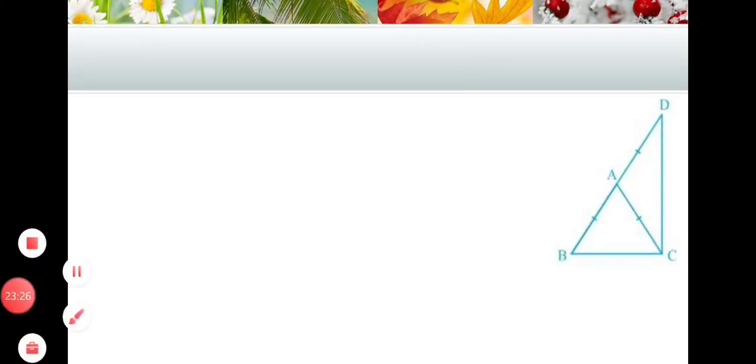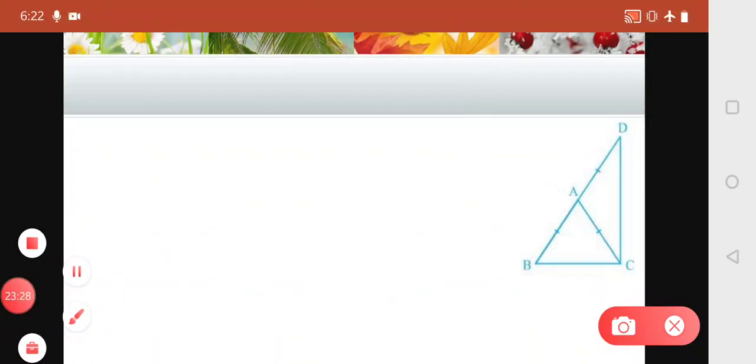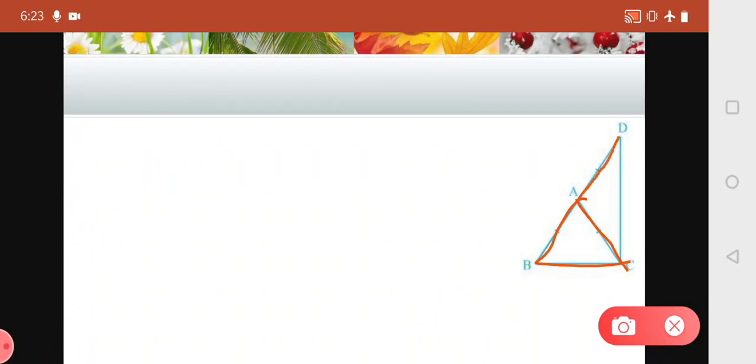Yes, according to the question, it is given triangle ABC. This is our triangle ABC, which is produced to point D in such a way that we get this.